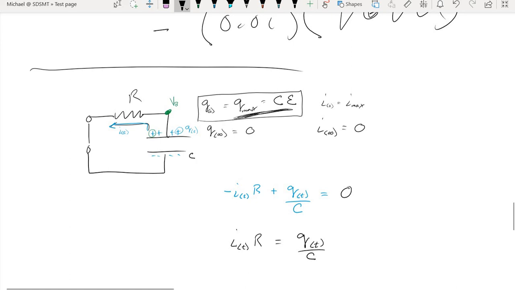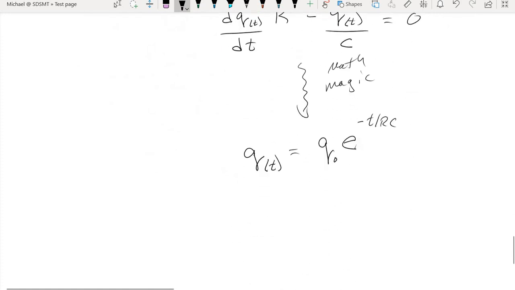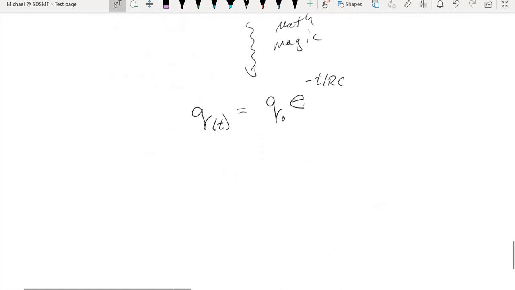That does not necessarily mean that you have to have a capacitor that is maxed out on its charge. Maybe you charge the capacitor up to 50% of its maximum, and then you decide to flip the switch. If that's the case, then the initial charge that you start with would be 50% of the maximum, and that's what you would have to plug in down here.